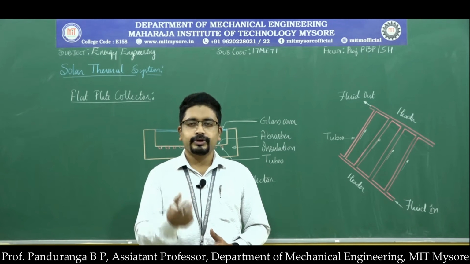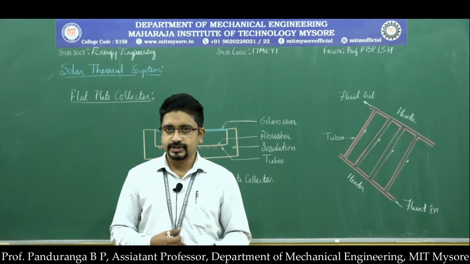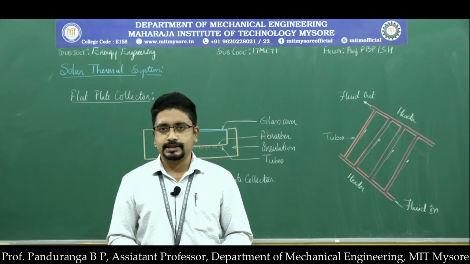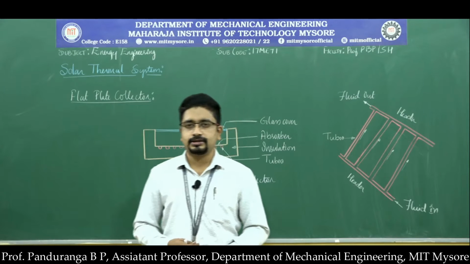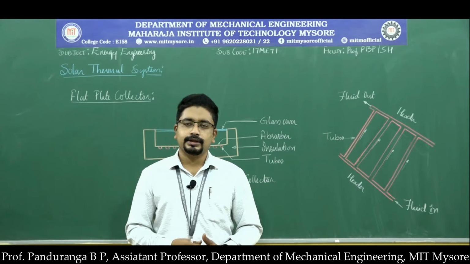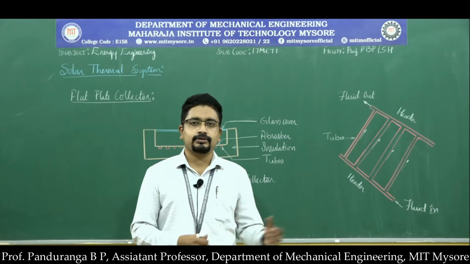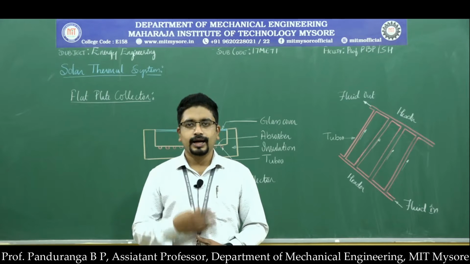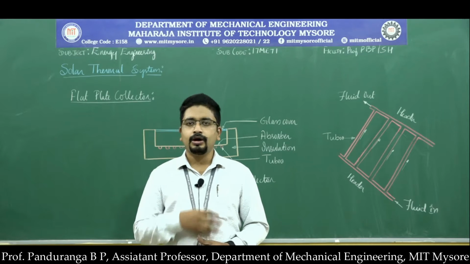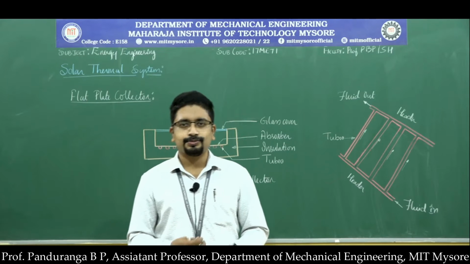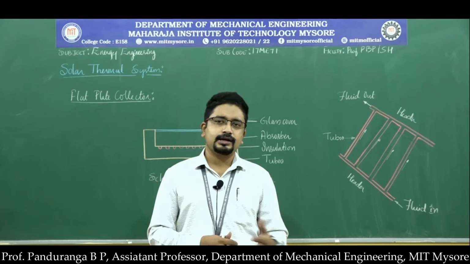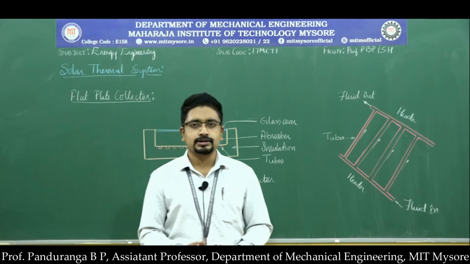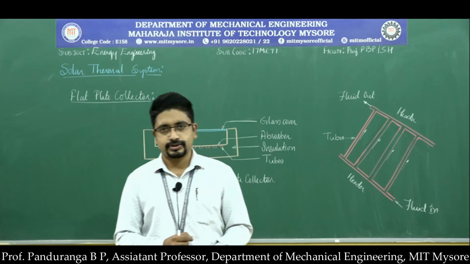Since we are using a concentrated solar system, we can have steam at a temperature of around 90 to 100 degrees Celsius, and that can be utilized for cooking. That reduces a lot of losses, a lot of electrical energy consumption, or a lot of firewood required to produce the steam. So these are a few examples where on a day-to-day basis we can come across solar thermal systems.